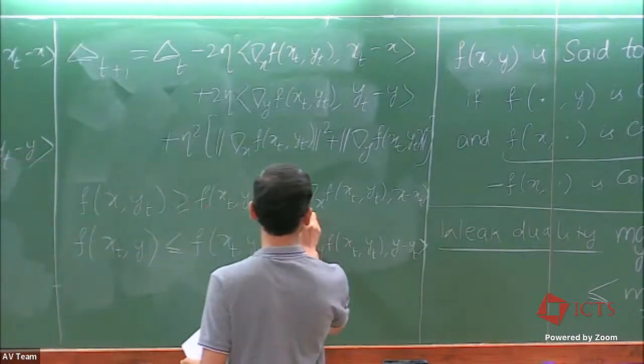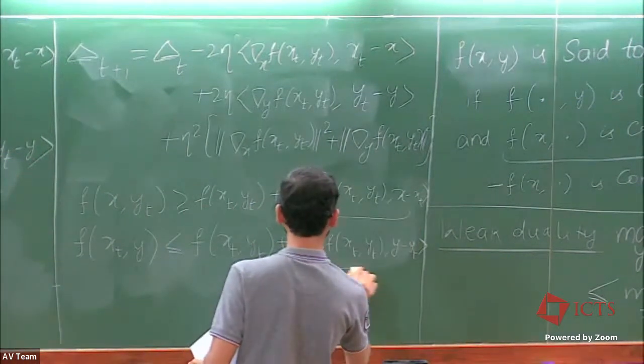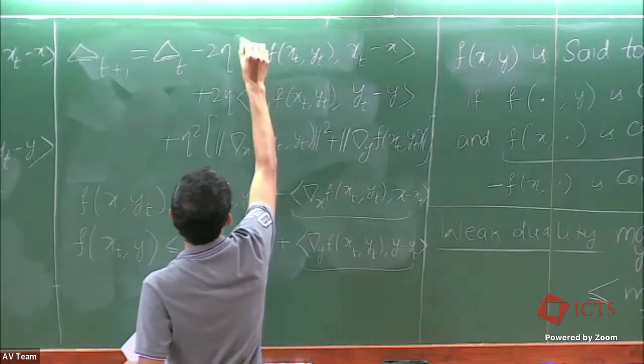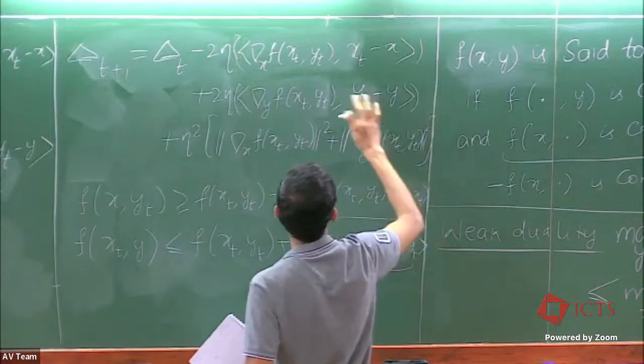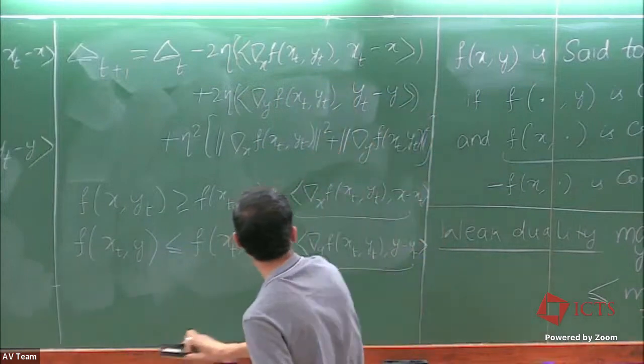If we get bounds on this term and this term, we can use them to bound both of these. That's what we will do.